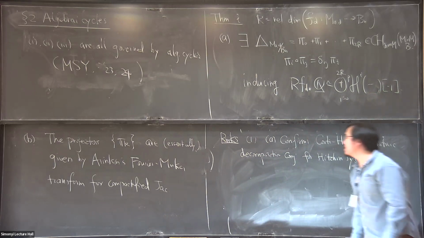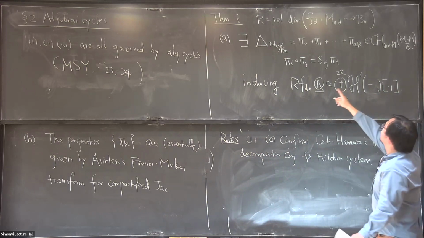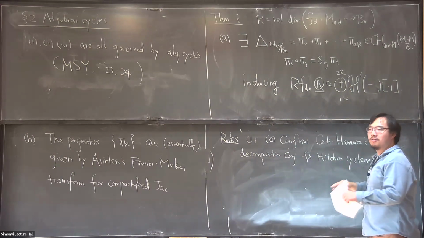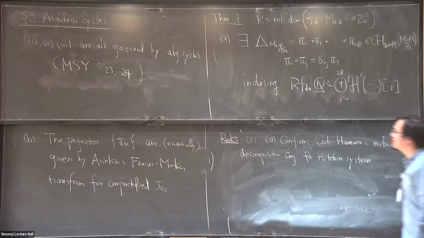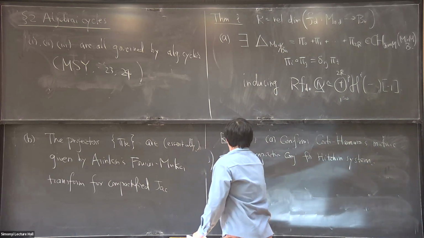To the best of my knowledge, this is the first example, as I will probably mention later, where the topology of the fibers and the supports are very complicated. So there are not many examples known for this conjecture previously. And this concerns part A.